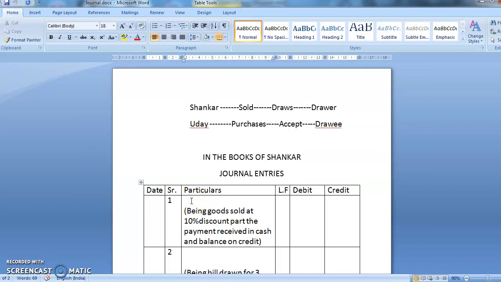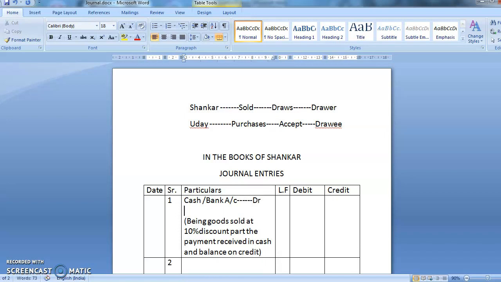What is the entry? Yes, Uday account debit to sales account. But here there is more of a twist in this question. What are they saying? First of all, the goods are sold at 10% discount, and then something is received in cash. So when the money comes in, you write cash or bank account debit.